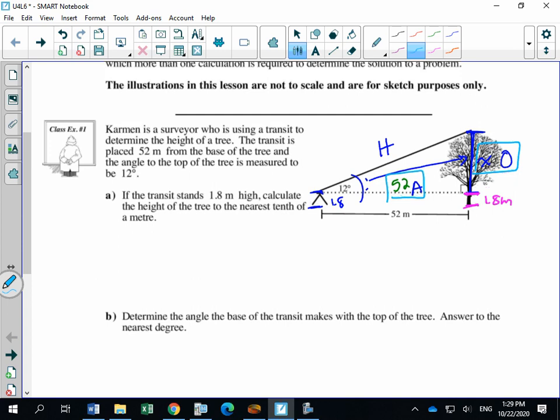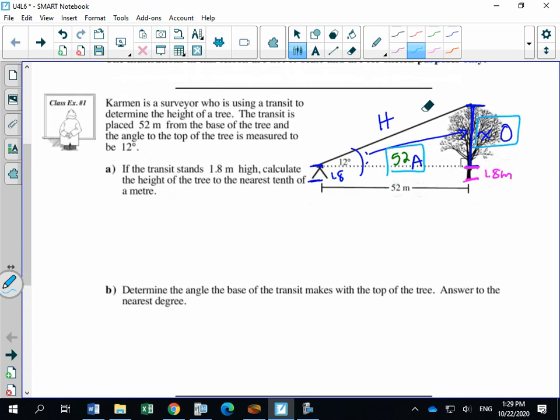According to SOHCAHTOA, what trig ratio do you think I would pick? Tan. Yeah. So the tan of my given angle, the given angle is 12 degrees, is equal to O over A, which is x over 52.